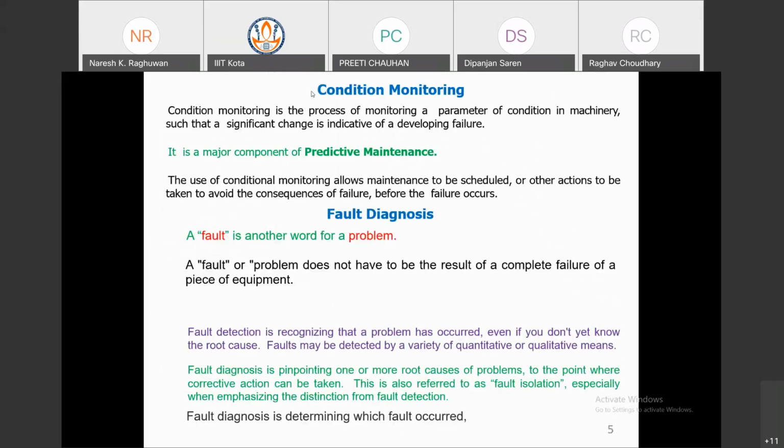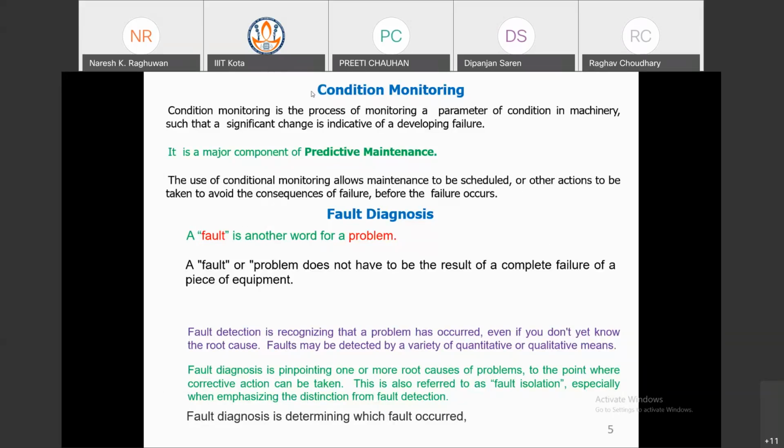Okay, so what is condition monitoring? Condition monitoring is the process of monitoring a parameter of condition in machinery. The parameters may be the vibration, the temperature of the machine, or the noise in the machine.